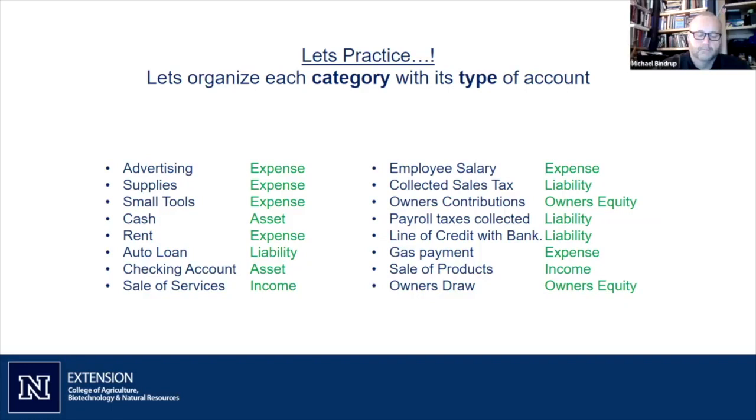My profit is 5,000. 10 minus 5, 5,000. But what if I go ahead and say, I need money from the business, and I take a draw of 3,000.